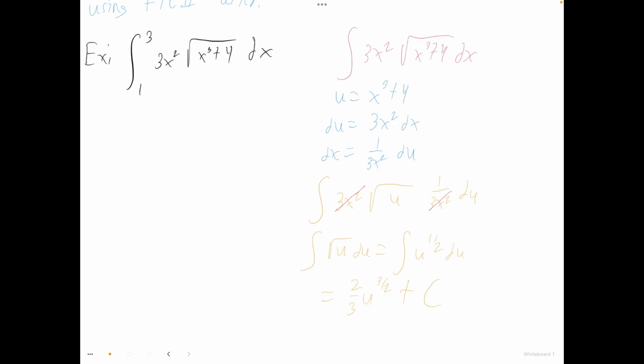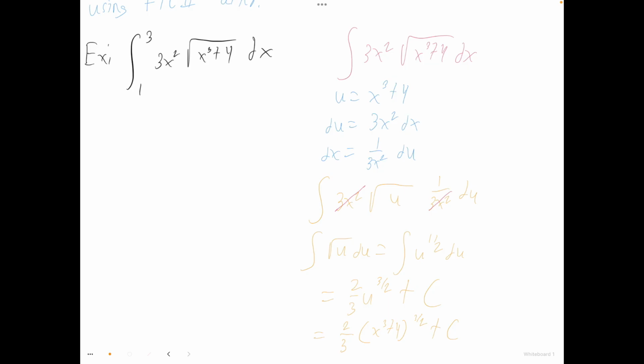So that whole thing is our antiderivative, other than we have to plug in what u is. So u, remember, is x cubed plus 4. So you do still have to plug that in. Okay? And so now from here, I know the antiderivative.